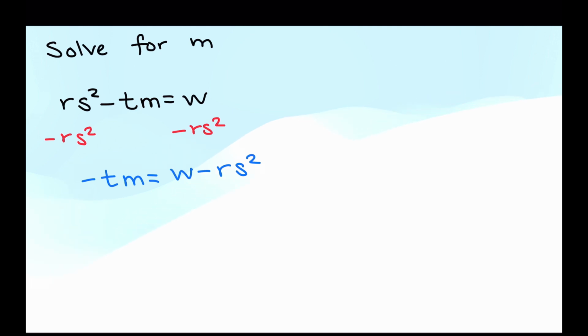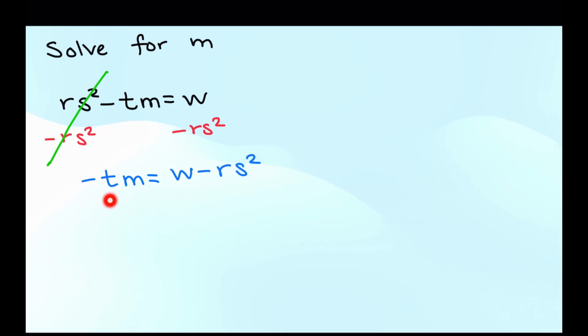The left-hand side, I'm just left with the negative tm. So the rs squared is gone on the left, and we're just left with negative tm. On the right-hand side, again, we don't have any like terms, so we just have to write this as w minus rs squared. All right, and then finally, we're trying to get that m by itself.